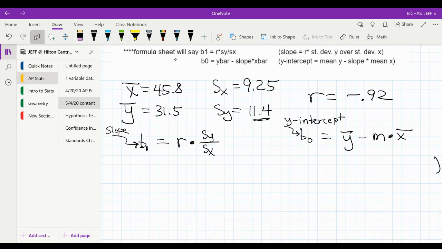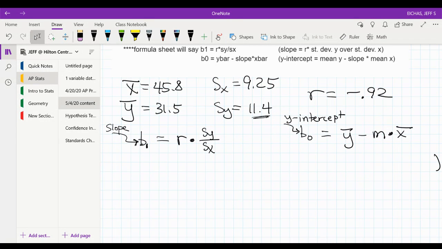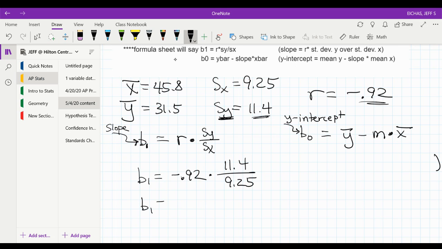All right, so let's calculate the slope and show it. All you have to do is show there's your correlation coefficient, r, times s_y over s_x. Careful on this, make sure you put s_y on top. So b1, I get negative 1.134.